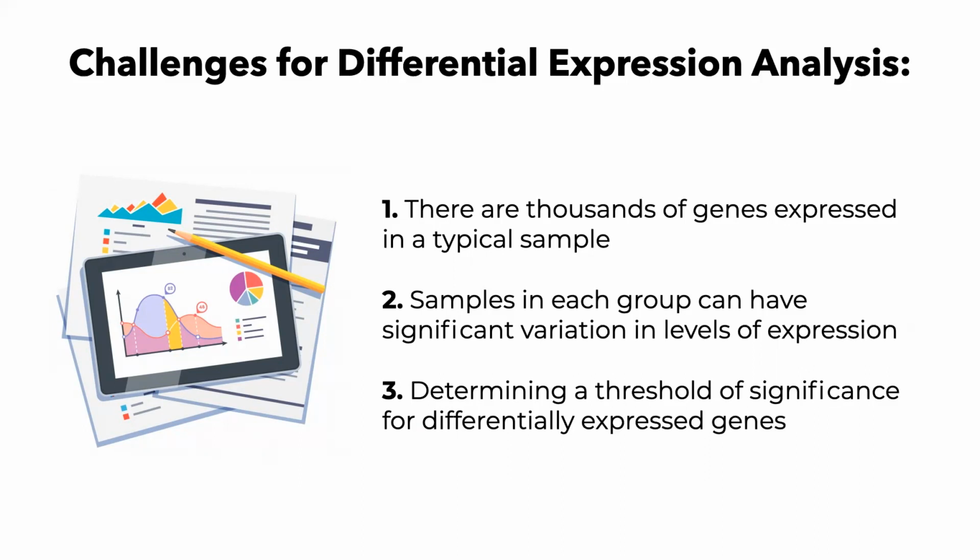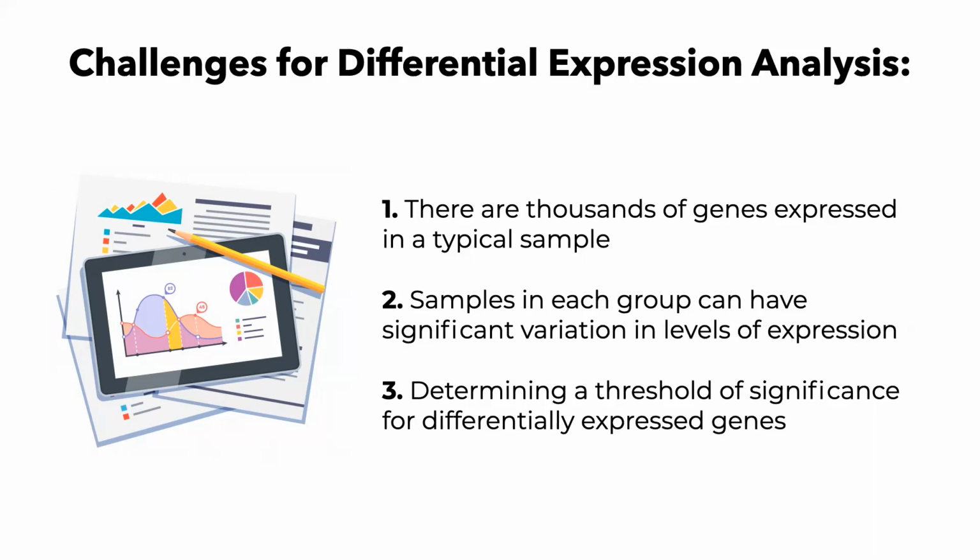Samples in each group can have significant variation in levels of expression, and determining a threshold for significance is a major challenge for differentially expressed genes, because many factors influence that: the correlation or the variance inside each group, as well as what we call biologically significant. If we have 5 and 1, or 20 and 50, what is biologically actually relevant?